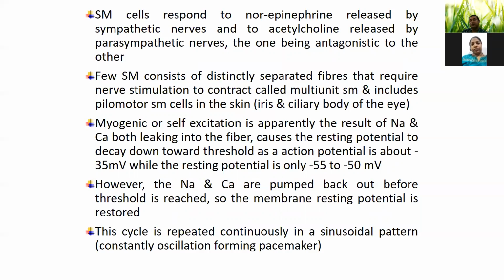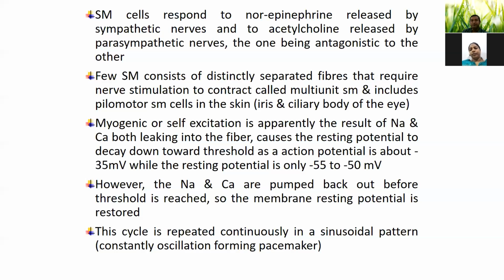Whenever there is innervation of sympathetic nerves, the norepinephrine will act and cause relaxation or contraction of the smooth muscles. Whenever there is innervation of parasympathetic nerves, they release acetylcholine, which acts on the smooth muscle bundle or fiber to make it contract or relax.